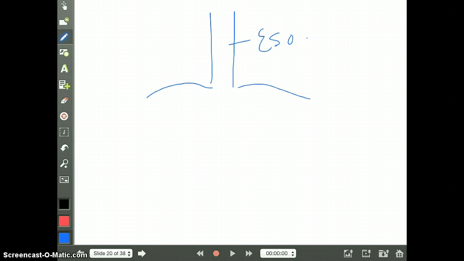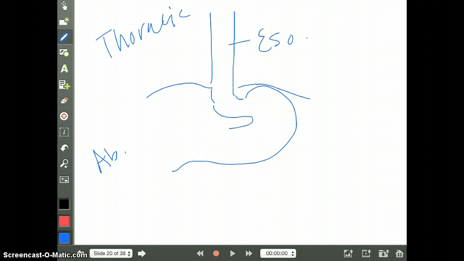Now, if I actually try to draw something out real quick, remember we've got our esophagus, and from there we are going to work our way into our thoracic cavity. This is going to work into our abdominal cavity. We're going to empty our way down into our stomach. Okay, not a very good illustration of it, but you at least get the point.